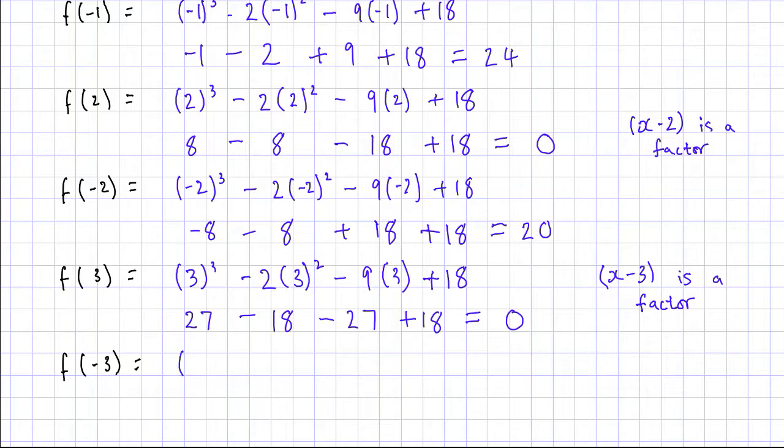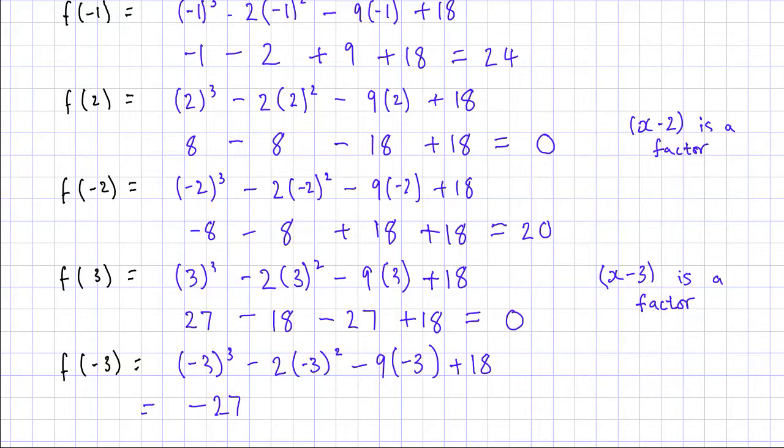So we have minus 3 cubed, take away 2 times minus 3 squared, minus 9 times minus 3, and plus 18. So minus 3 cubed is minus 27, and minus 2 times minus 3 squared is minus 2 times 9, which is minus 18.